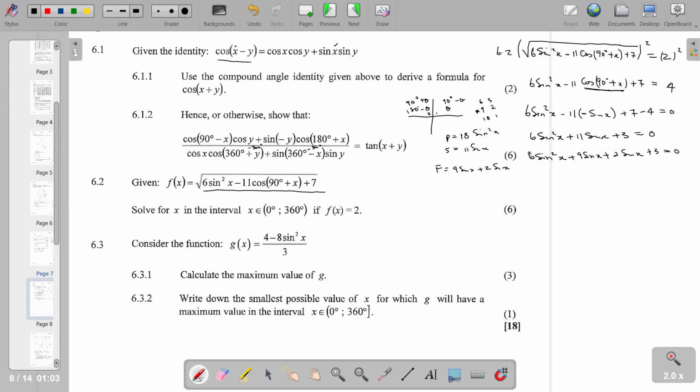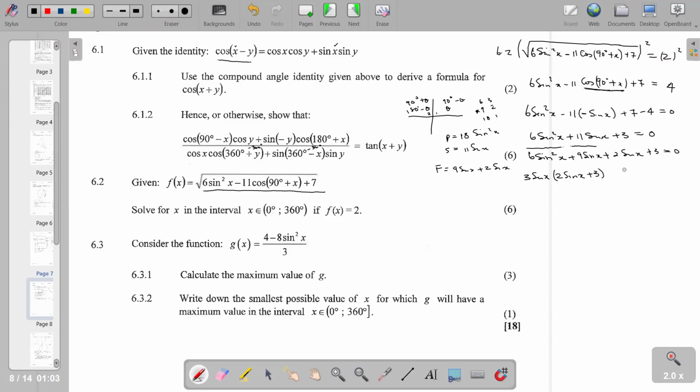Then we group. So considering the first two terms, our common factor is 3 sine x. Then we'll be left with 3 here, 2 sine x here plus 3.